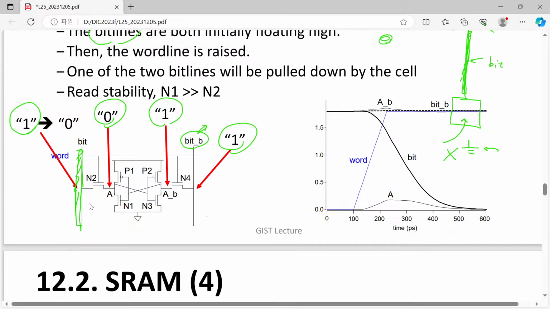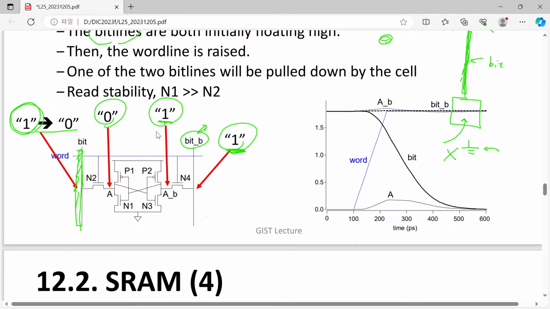However, the value is reduced from this strong 1. In the case of the bit line bar, initially this is 1 and 1, so even if we take the average, we still have just 1.